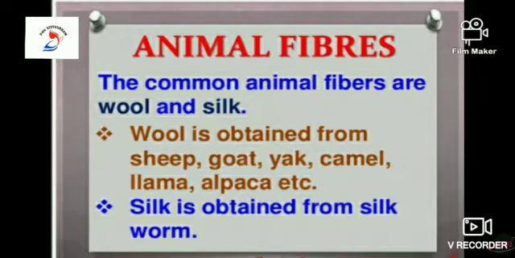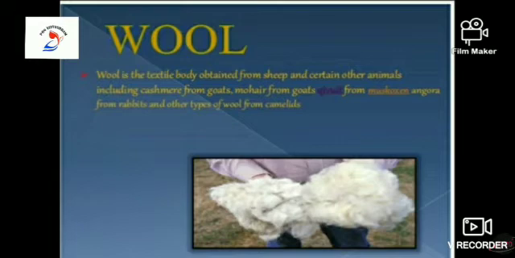Wool is obtained from sheep, goat, yak, camel, alpaca, llama, etc. Silk is obtained from silkworm. Llama and alpaca come under the category of the camel family. Wool is a textile fiber obtained from sheep and certain other animals, including Kashmiri from goats, Mohair from goats, Angora from rabbits, and other types of wool from camels.